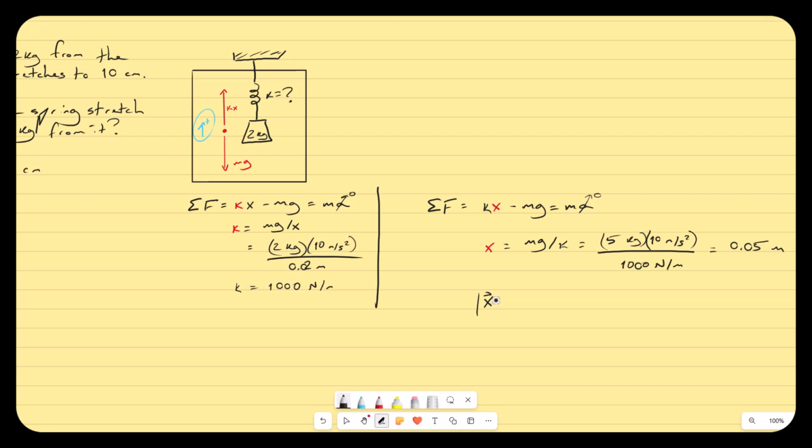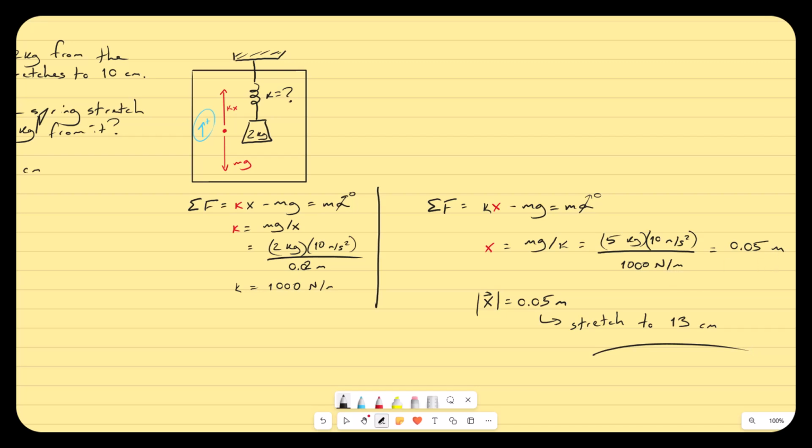So x displacement magnitude is 0.05 meters. The whole thing has a natural length of 8 centimeters, so it will stretch to 13 centimeters. That's it. That's how I'm going to do Hooke's law problems.